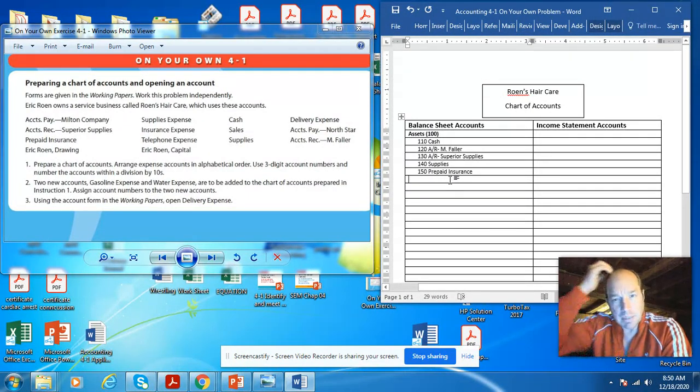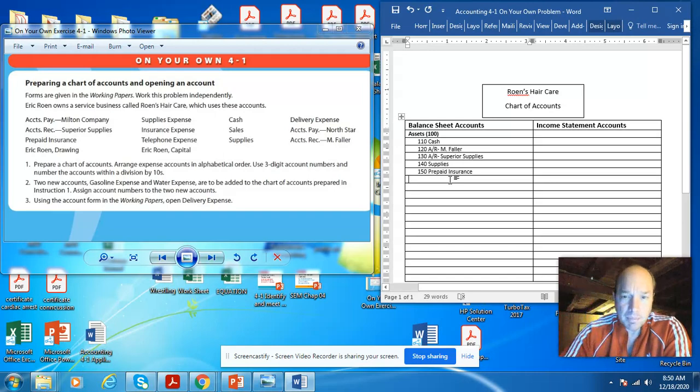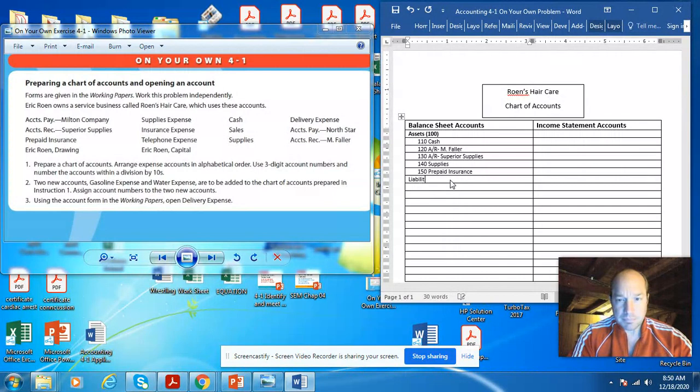Let's go to liabilities. Those would be not 100, but 200. The first liability account that we have is called accounts payable. So we have both Milton and North Star.